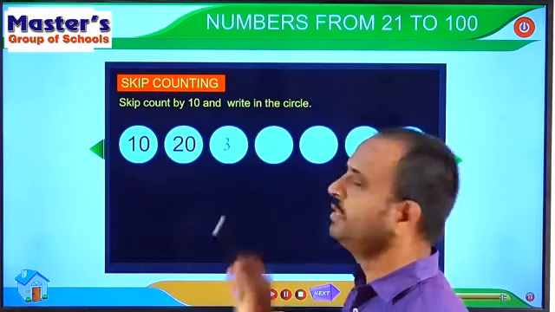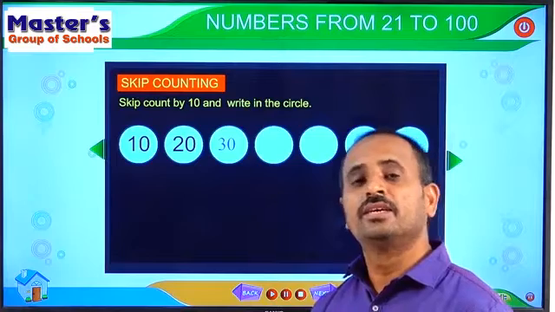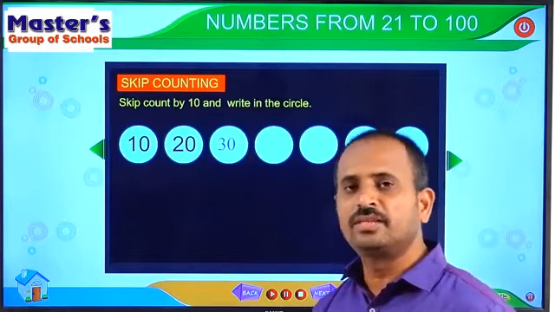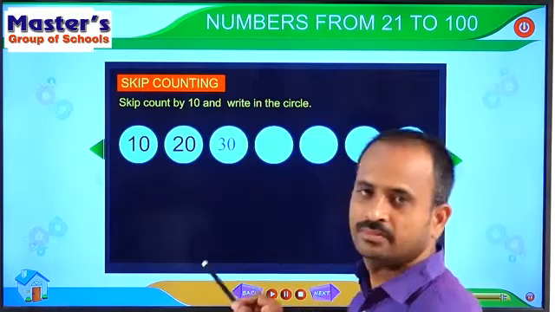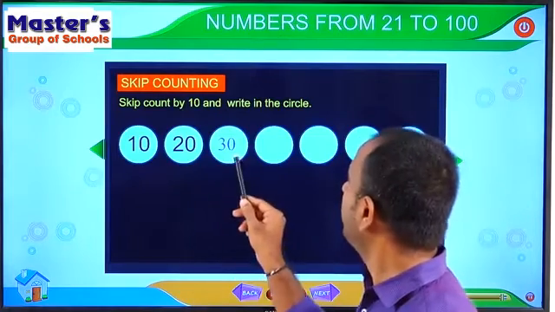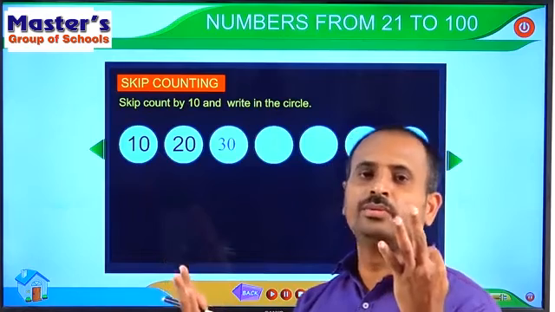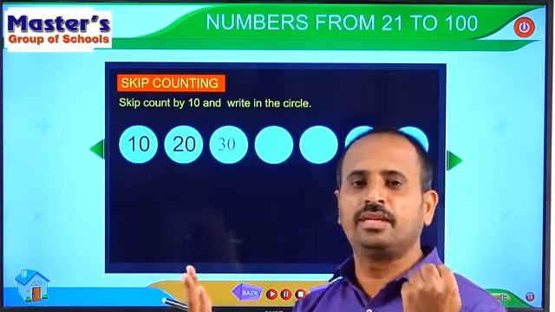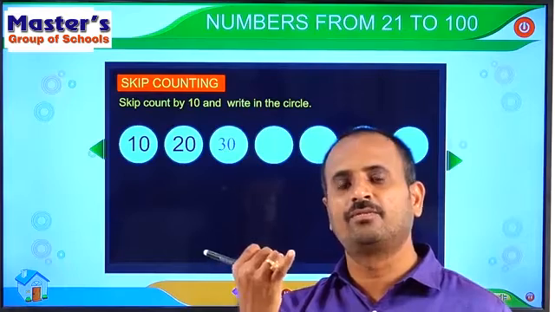So write 30 here. You have already learned addition on fingers in the first chapter and also in the second chapter. And again add 10 to the 30. What will you get? If you add 10 to the 30, after 30, 31, 32, 33, 34, 35, 36, 37, 38, 39, 40.